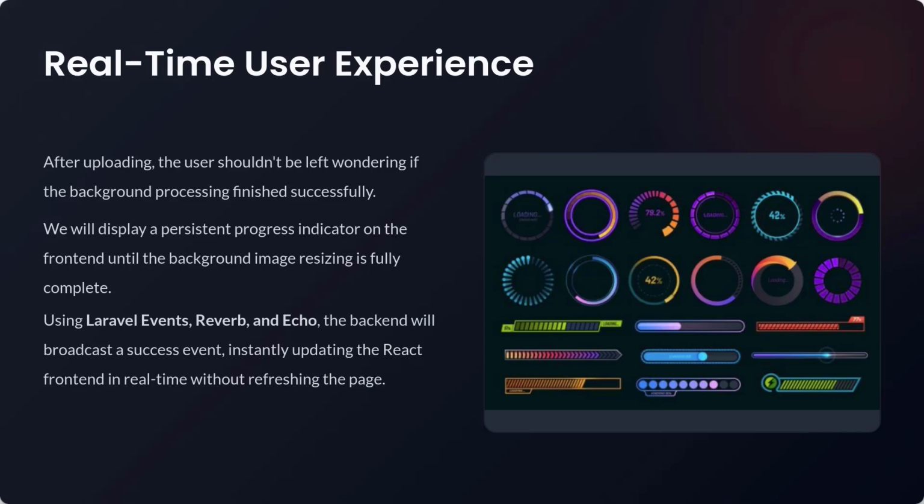It will continue until background image processing is complete. As soon as every resized image is ready, we will notify the frontend in real time. To do that, we will use Laravel events, jobs, queues, Laravel Reverb, and Laravel Echo. The backend broadcasts an event and the frontend immediately receives it without refreshing the page.